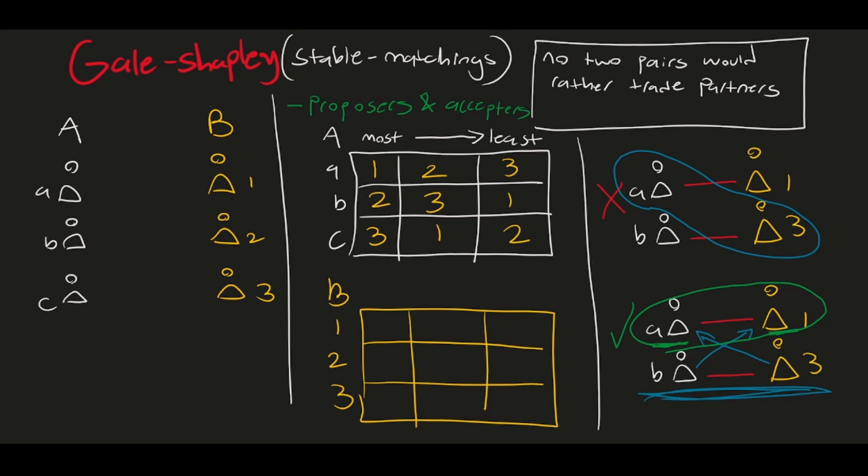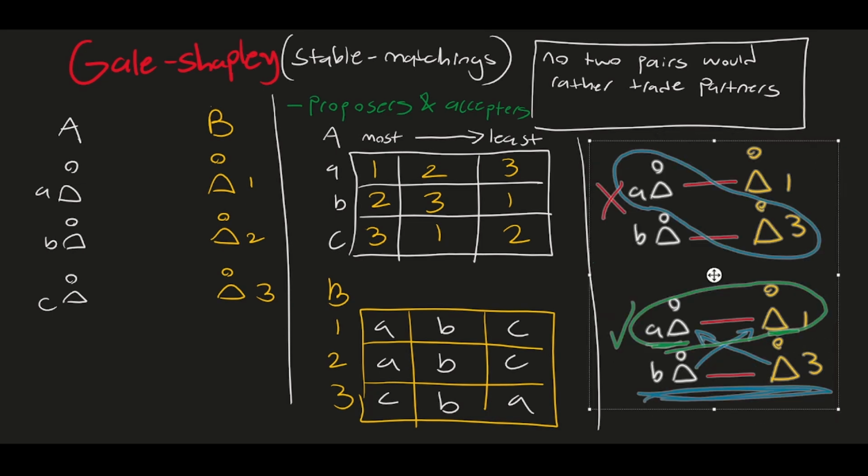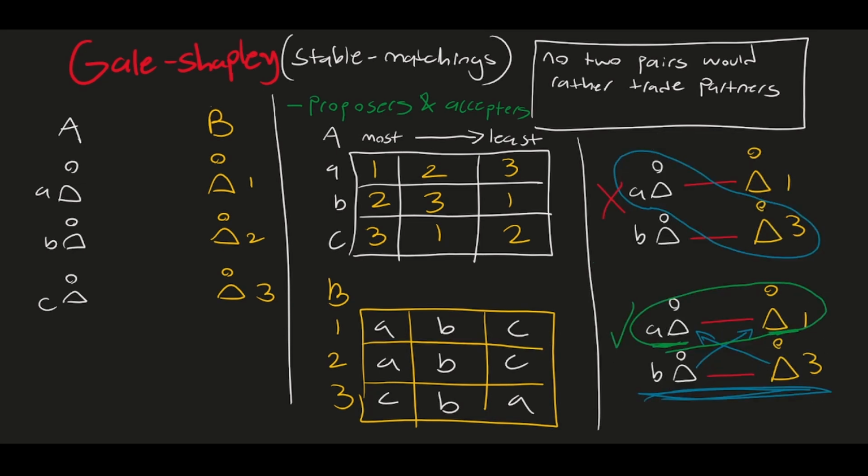Now, let's say 1 likes A, 2 likes A, and 3 likes C. And then 1 likes B, and C likes B. Let's start filling this out for B and C. Let's say they both have the same preference list, and then A. I hope this part about stable matchings is clear. If no one would rather swap in their pairs, then it is stable.